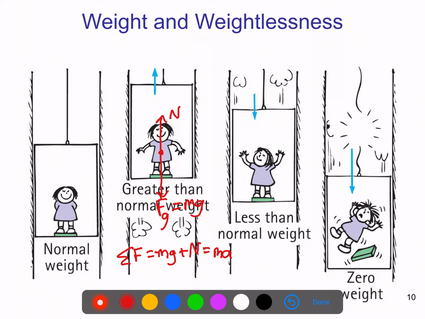In the case where the elevator is at rest, or even once it's moving at a steady velocity and it's no longer accelerating, that's why you only feel this at the beginning, then this right-hand side would be equal to zero. And so the scale that's going to tell us what the support force is on our body is reading this normal force here. And so if I solve for the normal force, I'm going to find that it's no longer just mg, it's mg plus ma, which has to do with the acceleration rate of the elevator.